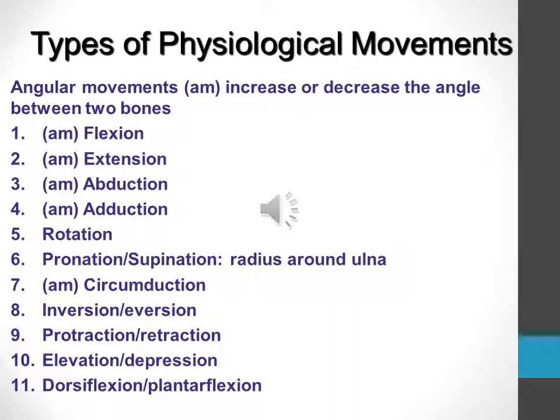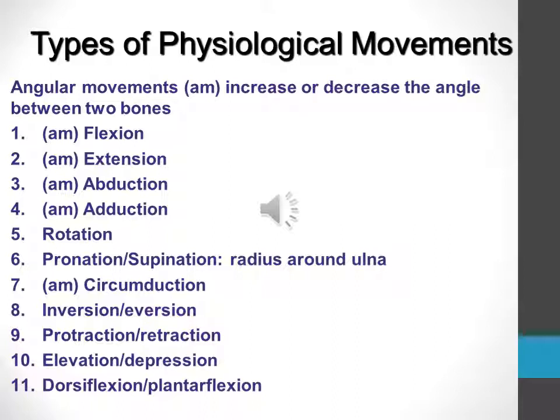So we're going to increase the angle, straightening a flexed joint. Sometimes we get hyperextension, which is beyond the standard straightening. The pictures will show you examples of that. So extension is our opposing work to flexion. We are increasing the angle.